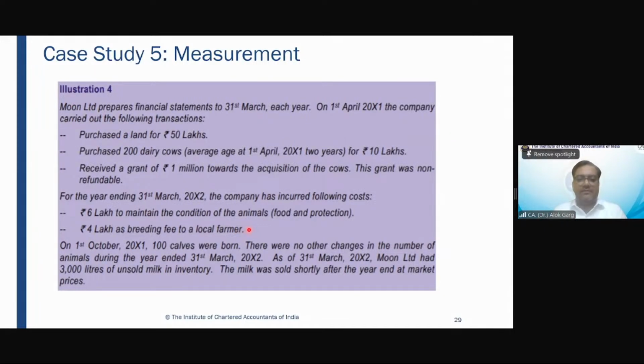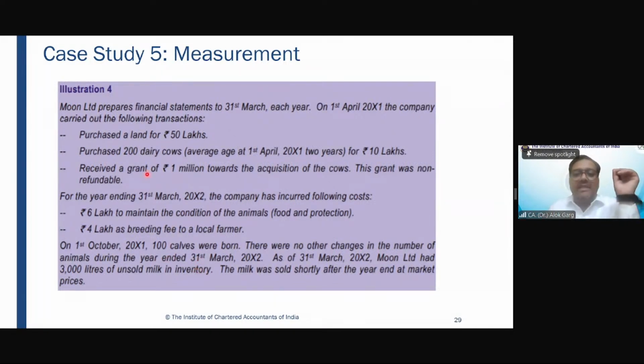On 1st October 2001, after 6 months from 1st April 2001, 100 calves were born. There were no other changes in the number of animals during the year ended 31st March 2002.